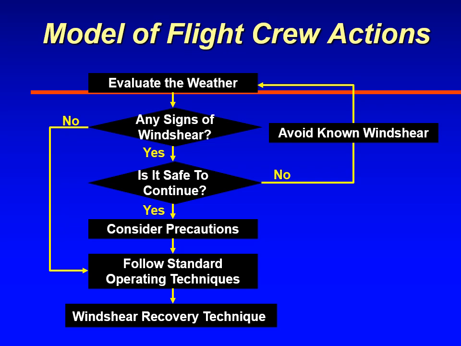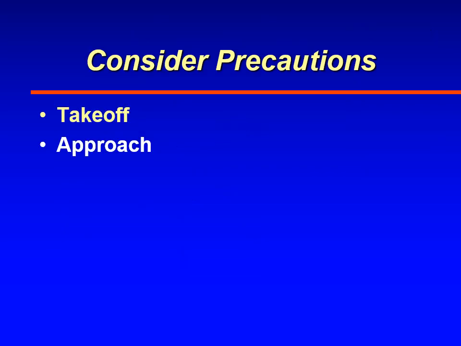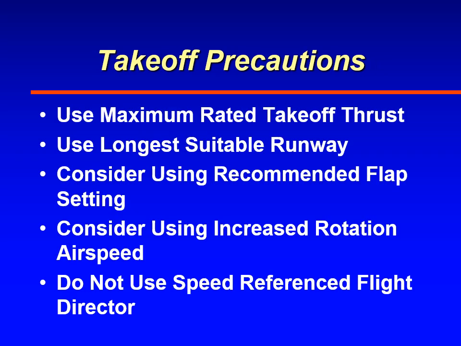So what are some of the things that can help you avoid wind shear or give you the advantage over wind shear? Well, it depends on whether you're taking off or if you're coming in for an approach. Some of the takeoff precautions are things like using maximum rated takeoff thrust. So in other words, using all the thrust available. With transport type aircraft, sometimes they use reduced thrust takeoff.